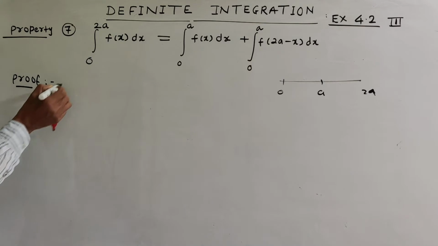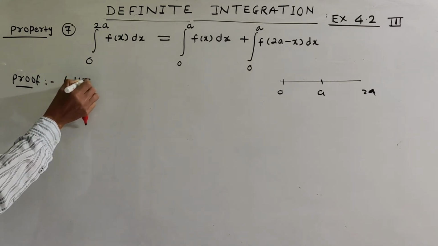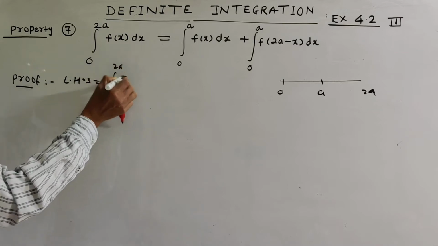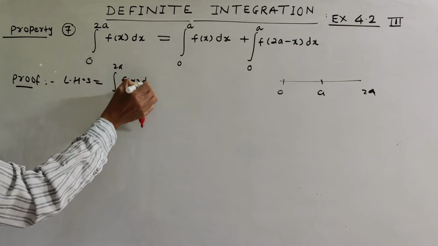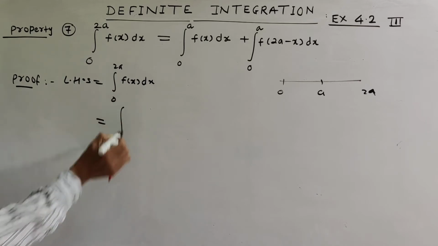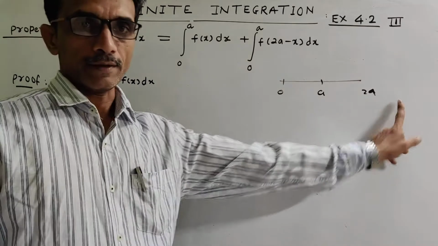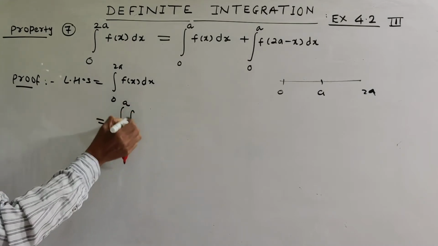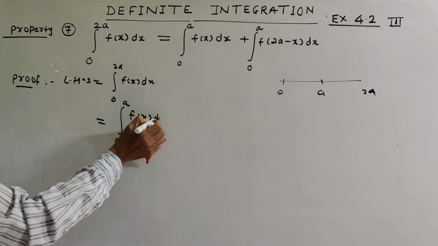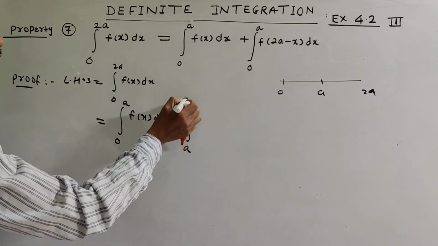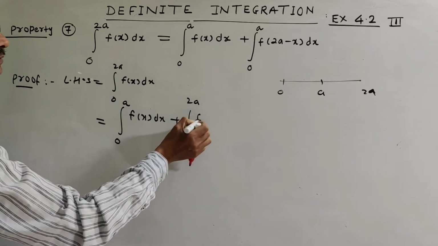So our LHS, integral 0 to 2a f(x) dx, we write as integral 0 to a f(x) dx plus integral a to 2a f(x) dx.